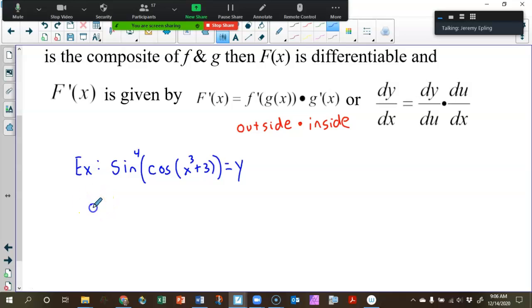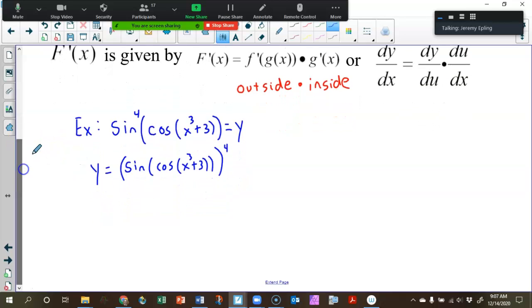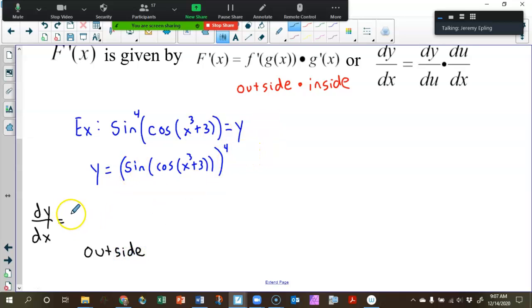It's not. It might be helpful for us to write it in a little different way to take the derivative. So I'm going to write this as sine to the 4th, so it's a little easier to see our function composition there. But this is just function composition. So the derivative, dy/dx, is going to be, all right, let's take the derivative of the outside piece. Well, the outside piece is something to the 4th power.